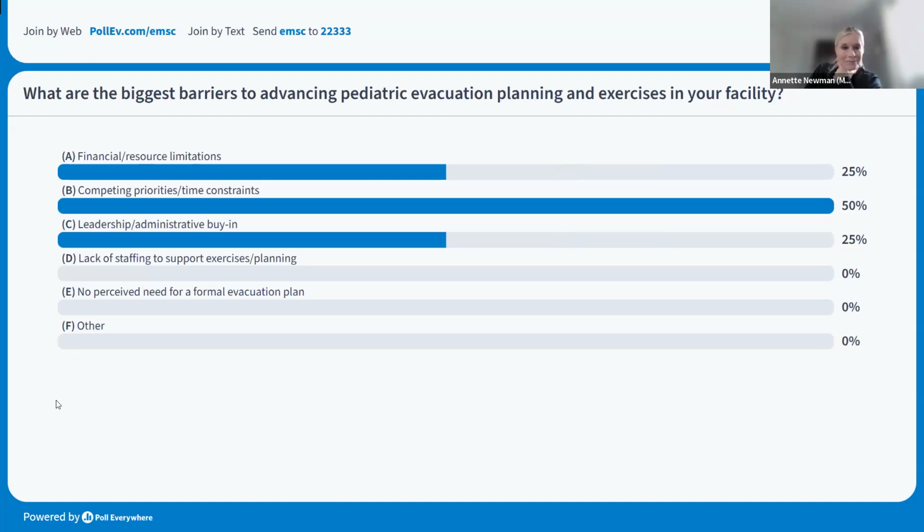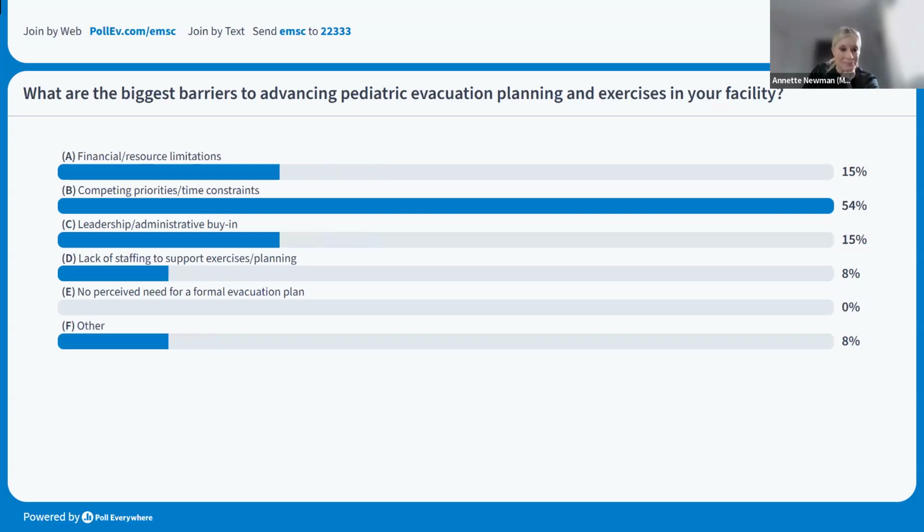Yeah, time and competing priorities is a really hard one. For those that have put other, can you write in the chat what your other might be so that we can capture that?